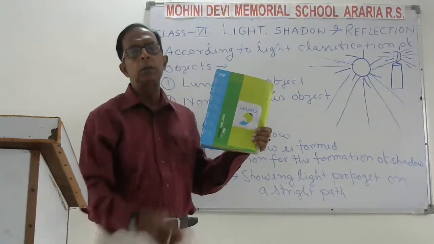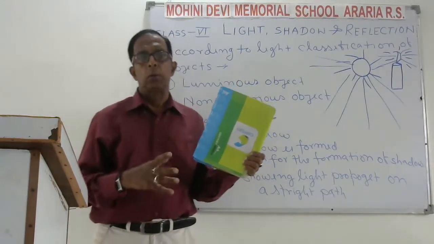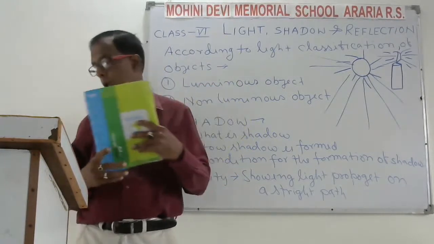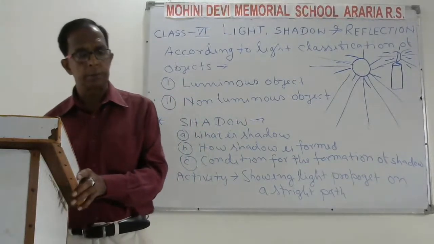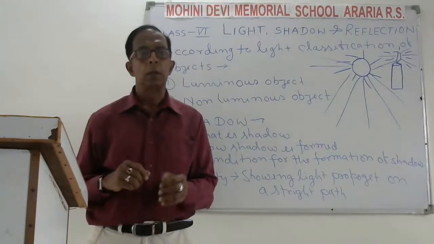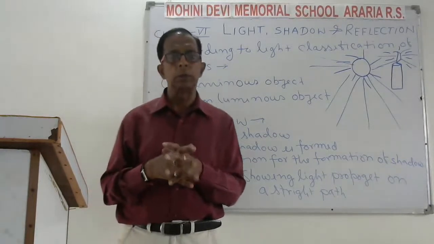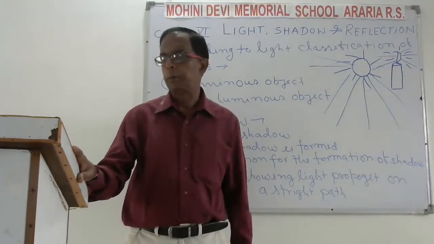It is not emitting the light. So these objects which does not emit light or radiate lights are called non-luminous. I think that it is clear that which object is luminous and which object is non-luminous.